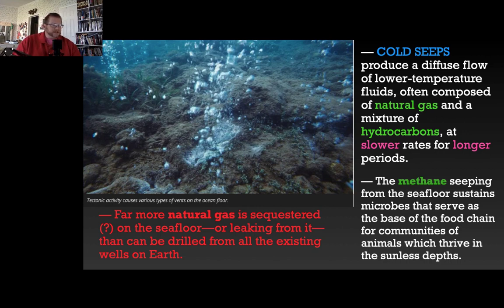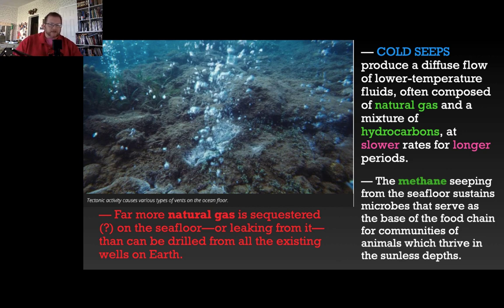Just a final note about cold seeps. The natural gas that's underneath the ocean floor or leaking from the ocean floor, it says in the sentence there, far more natural gas is sequestered on the ocean floor. Sequestered just means it's caught up, it's stored, it's not being let out underneath the ocean floor.